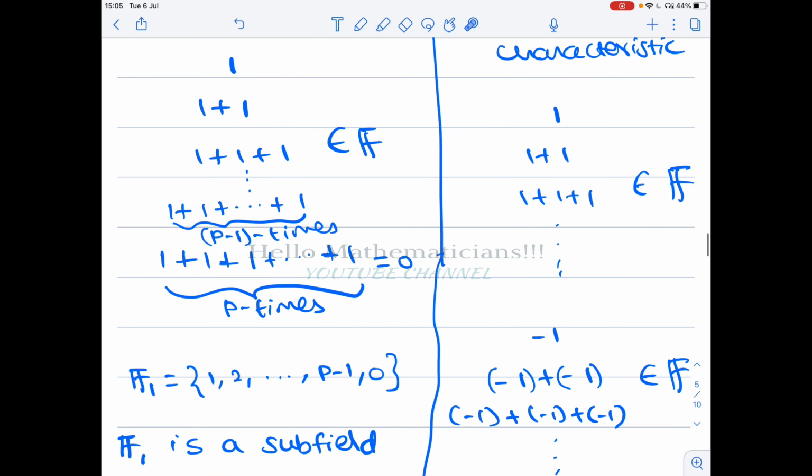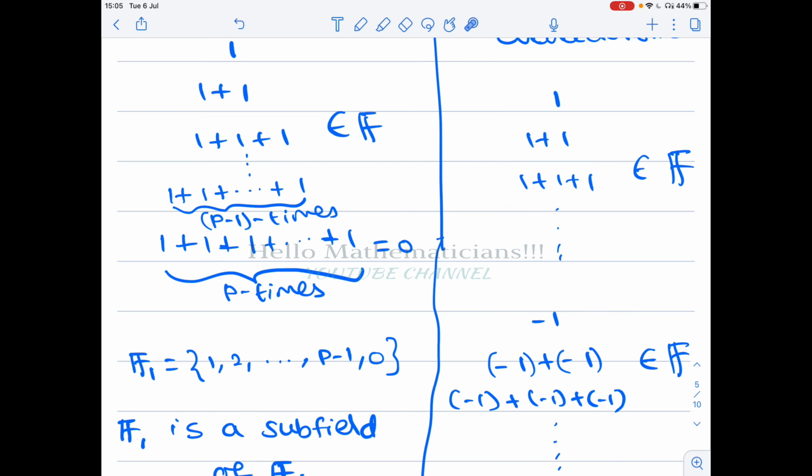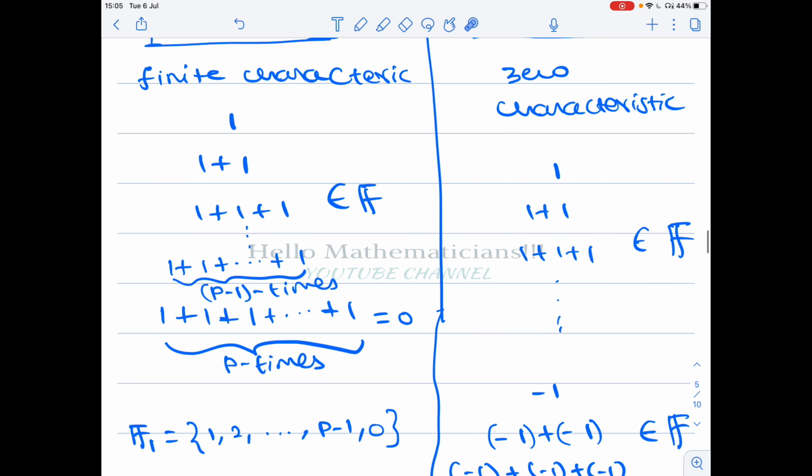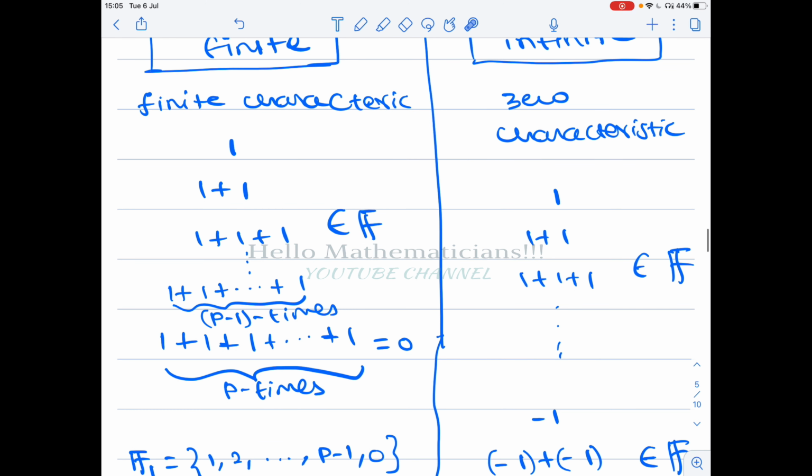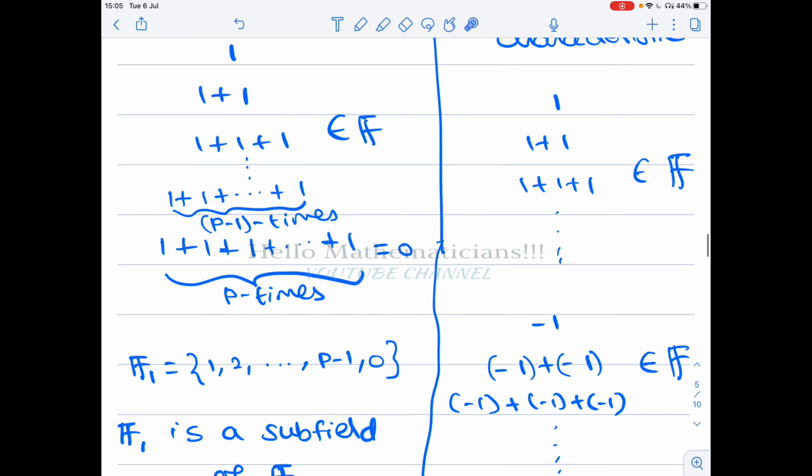If you add p plus 1 times, you will again get 1. P plus 2 times, again you will get 2, because the first p times give 0, then for the remaining times you get 1, 2, 3 again, till p minus 1, again 0, and it will keep going. So if the characteristic is finite, in the sequence 1, 1 plus 1, 1 plus 1 plus 1, you will have only p minus 1 distinct nonzero elements.